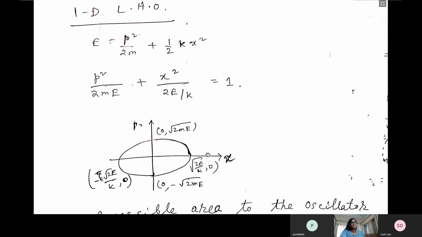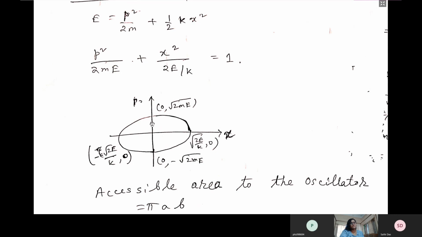In phase space, in terms of P and x, you can write it as P square by 2mE plus x square by 2E by k equals 1. Just divide by E so that the right hand side gives 1, and you get the equation of an ellipse in phase space.